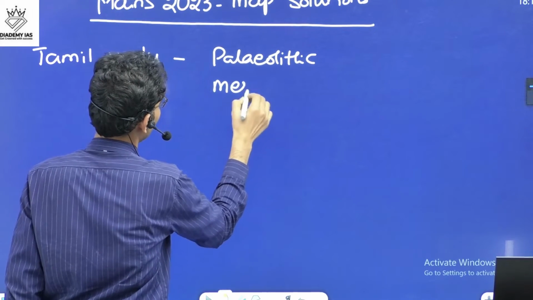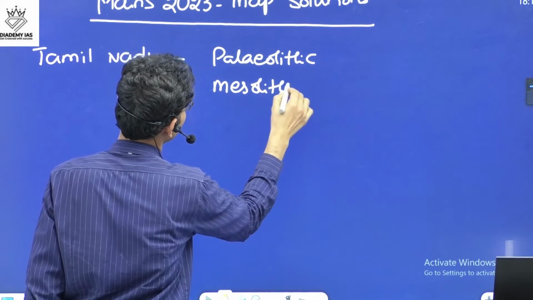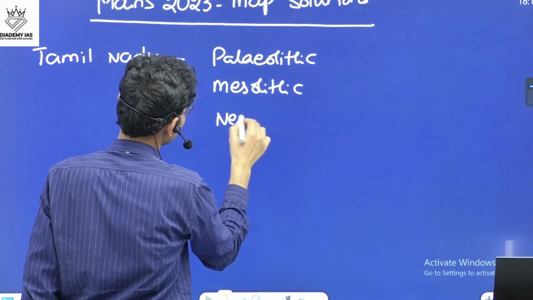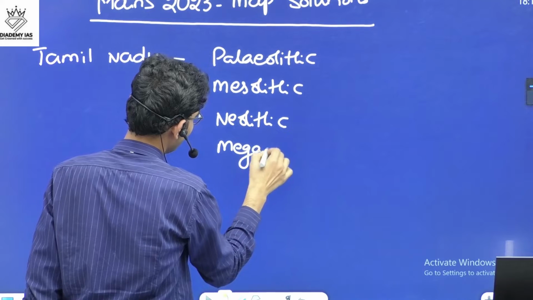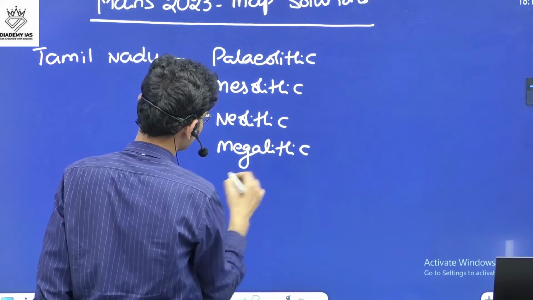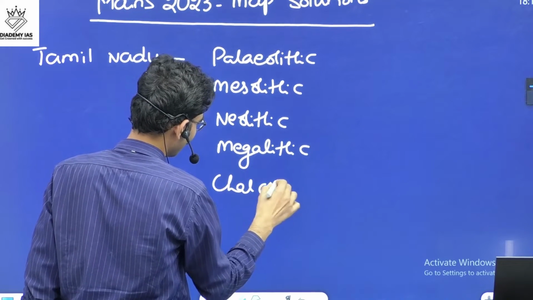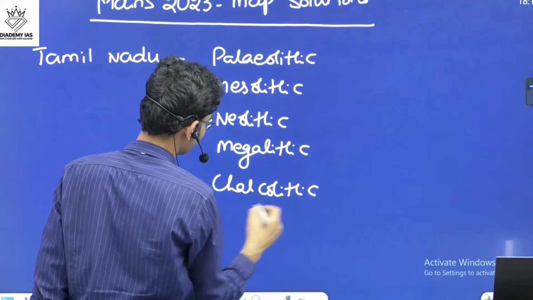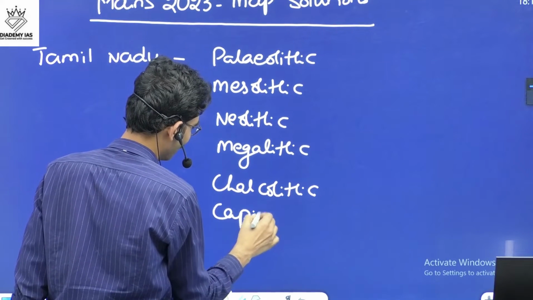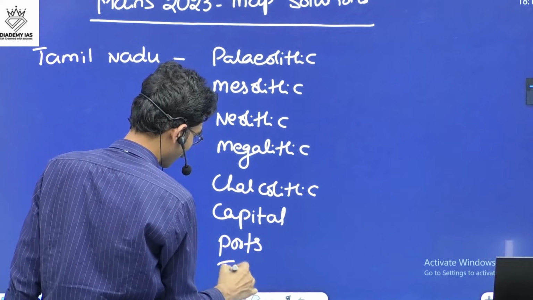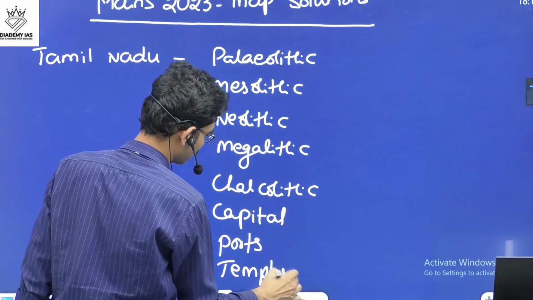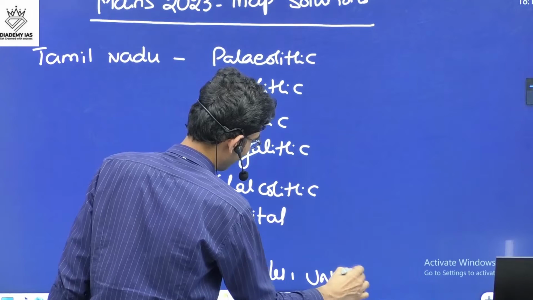Then Mesolithic, Neolithic, then Megalithic, Chalcolithic if any, then capitals, ports, temples, UNESCO sites.